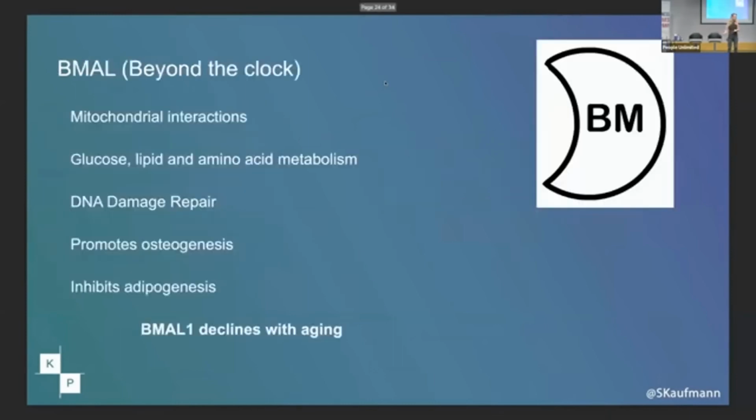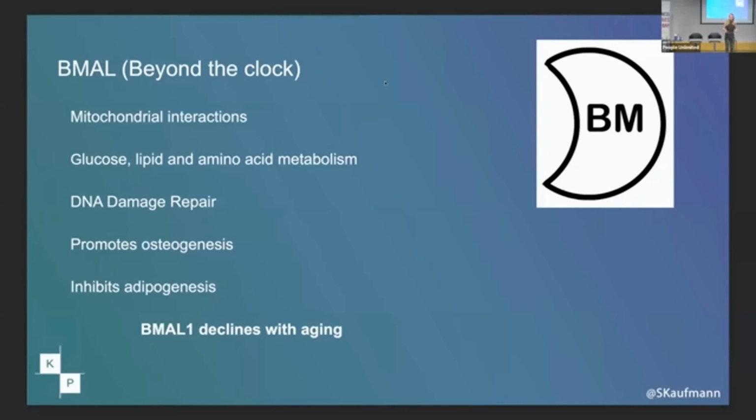So example one is Bmal1. We said that this was the main orchestrator for sleep, right? But that's just one of the things it does. It controls your mitochondria. It controls all of your metabolism, your glucose, your lipids, your amino acids. Bmal1 controls this. DNA damage repair systems. Again, this is how I got into this in the first place.